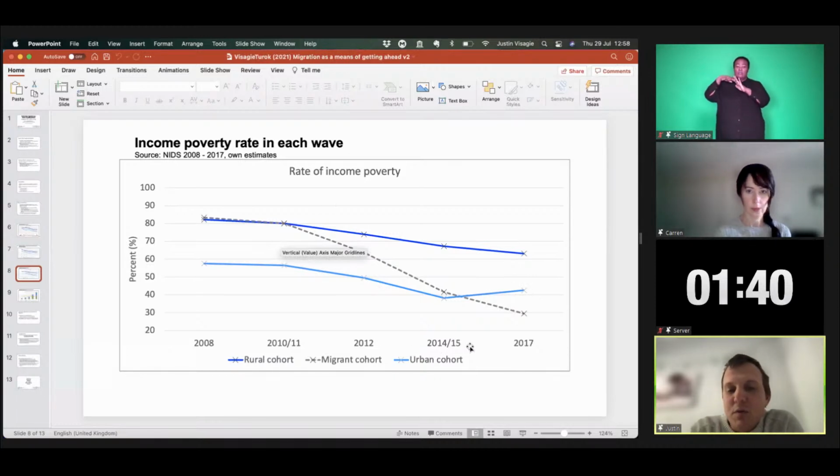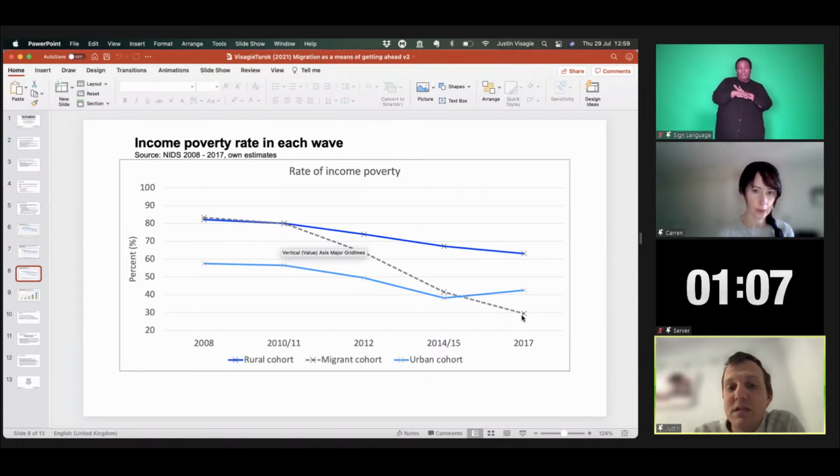There's also research by, I think, Michael Noble, who shows from detailed census data that the most deprived areas in SA, even if they're getting better off over time, the relative level of deprivation is still remaining the same. In other words, the spatial inequality in our country is entrenched and not necessarily improving. But just to note that if poverty levels were as high as 80% at the start of the period for our migrant cohort, they're now as low as 30%. So that's a 50 percentage point reduction.